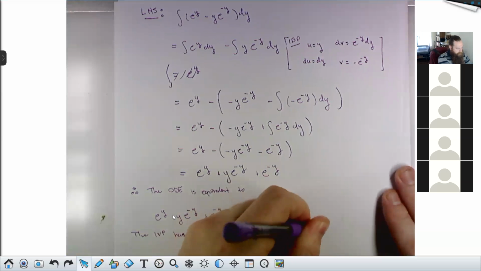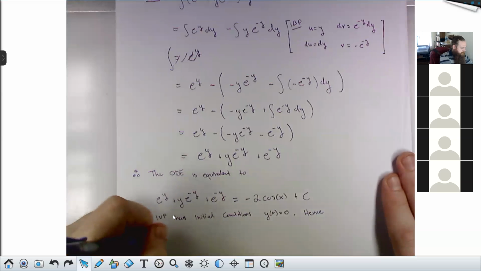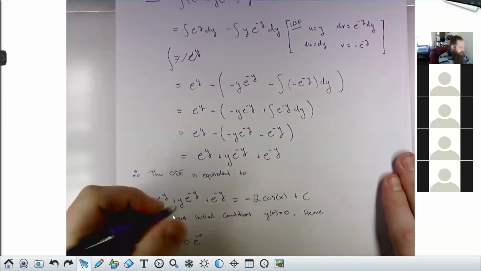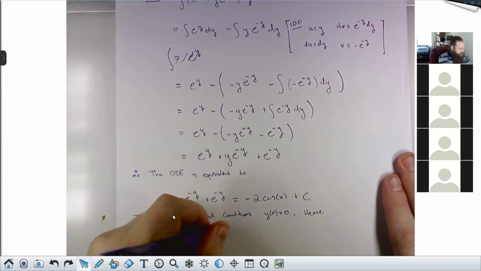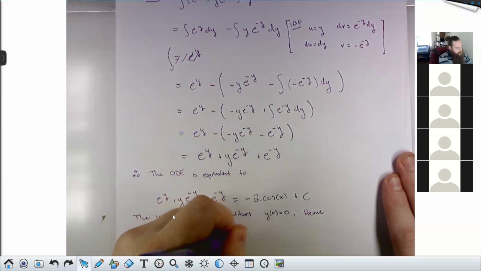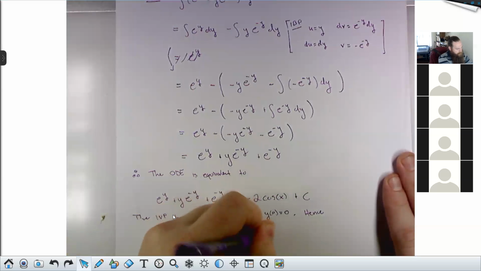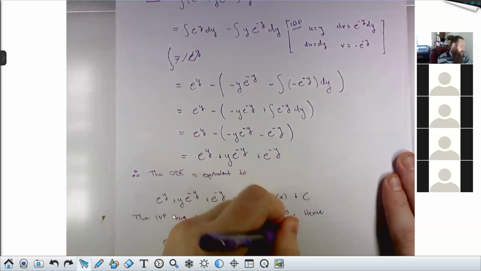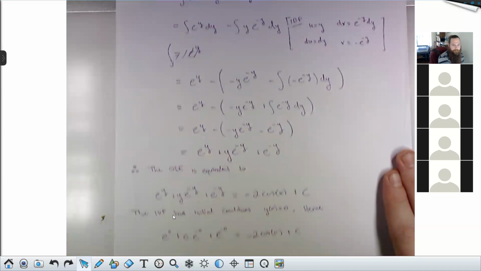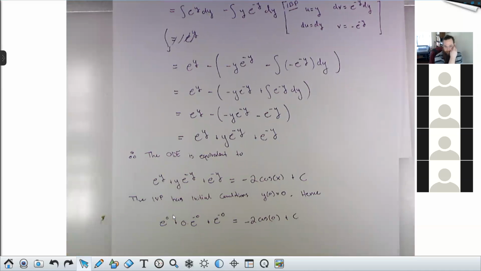Hence, e to the 0 plus 0 times e to the negative 0 plus e to the negative 0 is equal to negative 2 times the cosine of 0 plus c. And this will let me solve for c.